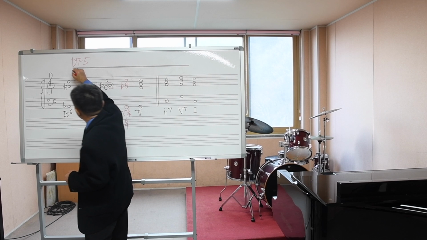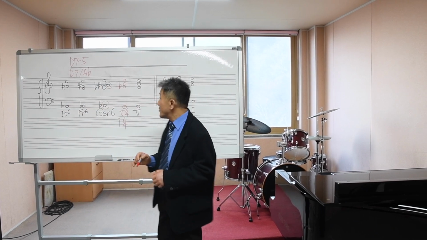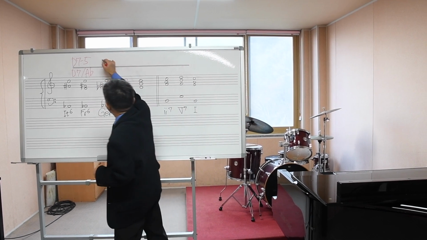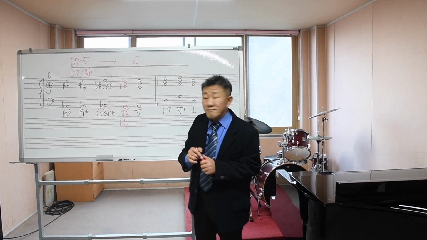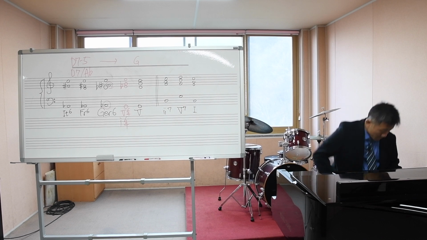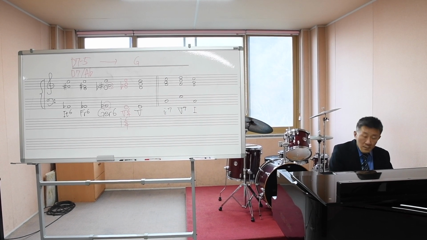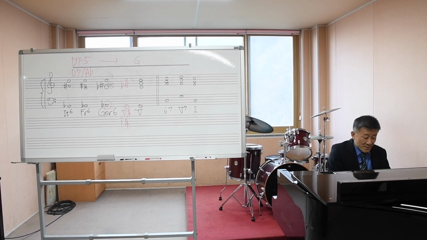It can be spelled this way, too, right? With A flat in the bass. And since it goes to G, it is a secondary dominant. So from this or that to this, yeah.